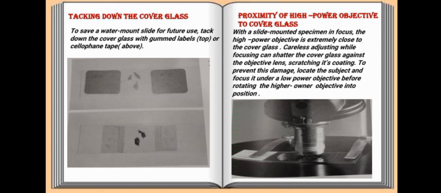The next is the proximity of the high power objective to the cover glass. This one, as you can see in the picture. With the slide-mounted specimen focused and the high power objective extremely close to the cover glass, careless adjusting while focusing can shatter the cover glass against the objective lens, scratching its coating.